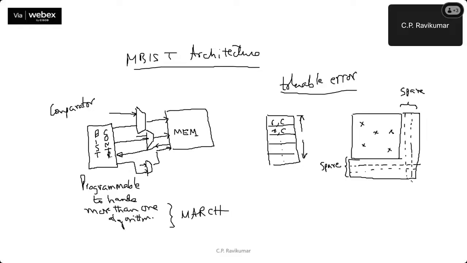Now the controller can decide, using some sort of optimization algorithm. These two may be in the same column, and it will say, whenever the memory is given this column address, let us say this column is 49, then instead of 49, go to 1027 or something.